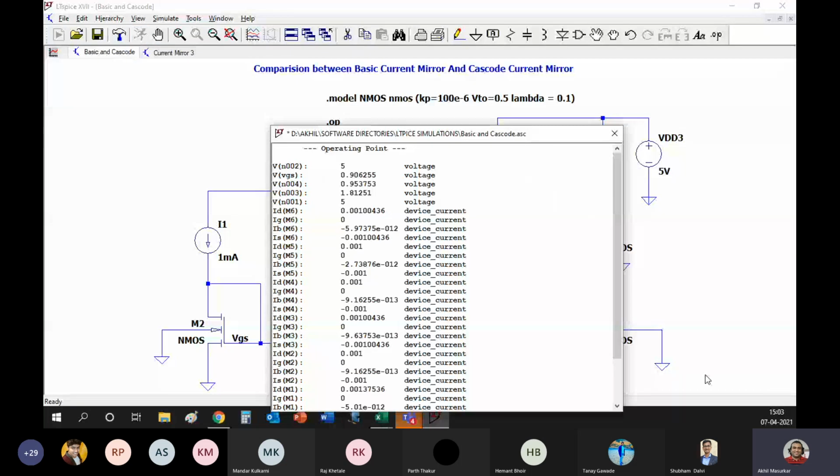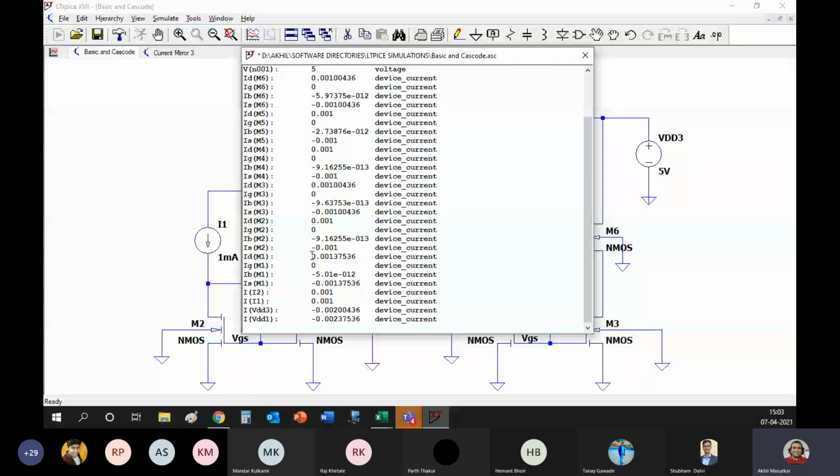You can see here ID M1 is 0.013 and ID M2 is 0.01, whereas ID M3 is 0.00100 and M4 is 0.001.